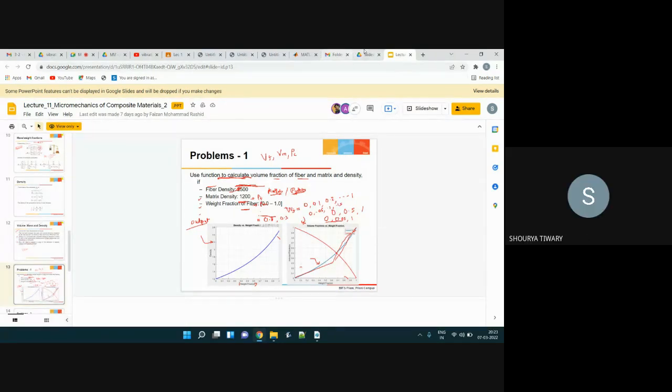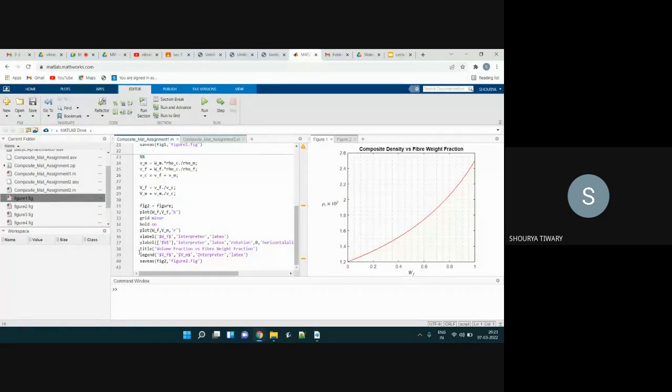The formula was also directly given: Wm, the weight fraction of matrix, into the density of composite, divided by the density of matrix, and a similar formula for the volume fraction of fiber. Vm plus Vf is Vc, the total, and we divided all the points by Vc.